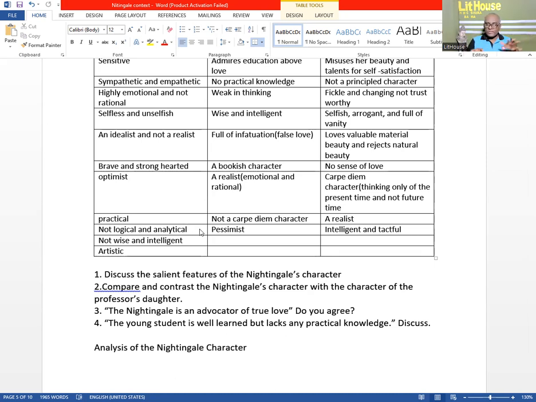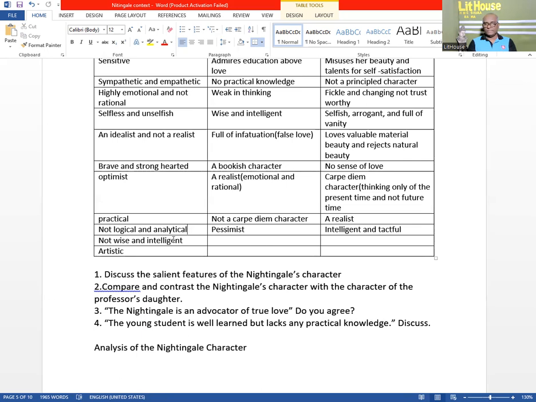You divide the problem into various parts and you understand. Analytical. She is not wise. Actually, Nightingale is not a wise character. Intelligent. Why? She offers her life in the name of true love, where there is no true love.